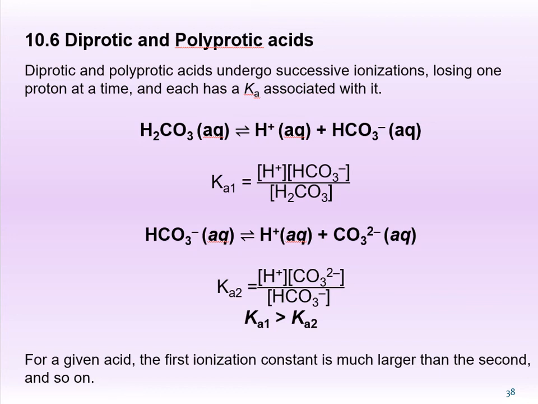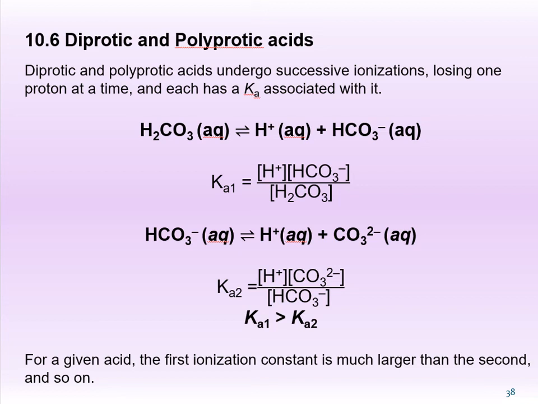The hydrogen carbonate ion then proceeds to ionize in the next step to give hydrogen ion and carbonate ion. Ka2 is the acid ionization constant representing this second ionization. It is hydrogen ion concentration times carbonate ion concentration divided by hydrogen carbonate ion concentration.